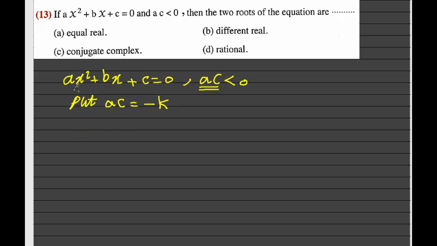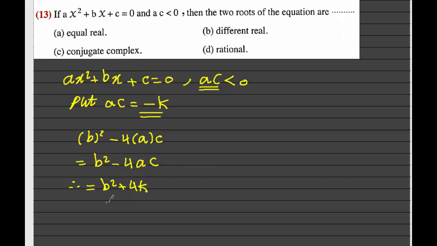Now, what is the discriminant of this quadratic equation? The discriminant equals b squared minus 4ac. But ac equals negative K, so the discriminant equals b squared plus 4K.